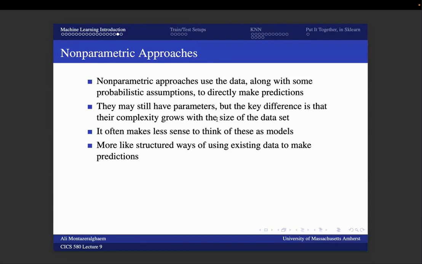Also, I want to mention that they can have some parameters, but these parameters are not trained with the training data.